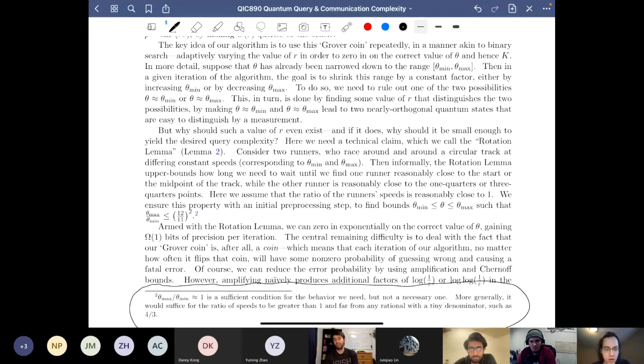And saying it's close to 1 is just an easy way of ensuring that it's not like this rational. Oh, okay. Yep, because 4/3 would be, or well, what they mean is that if it's sufficiently close to 1, then it's sufficiently far from any rational with a small denominator. And I think that's really all they want to ensure. Okay. Yeah.